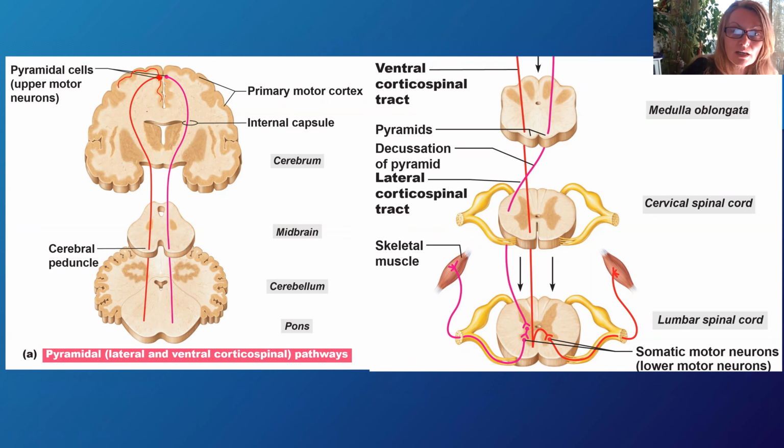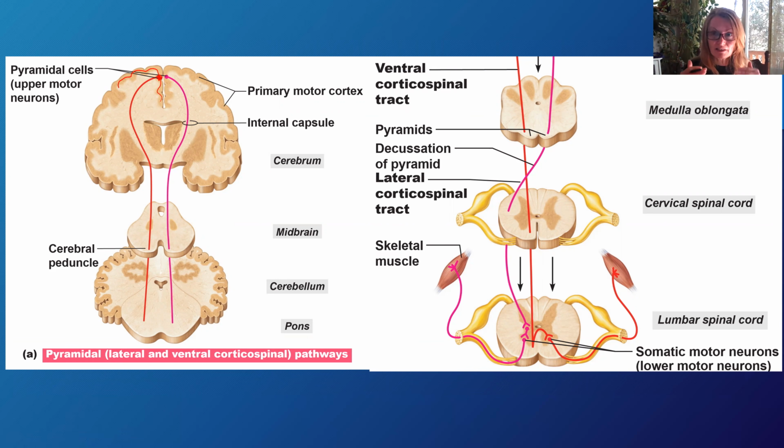So the axons go down, and then they either go down and decussate at the level of the spinal cord, or they decussate in the medulla oblongata. We will not try to memorize where exactly, but we know that sensory information decussates, right?